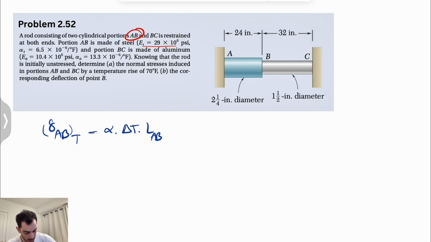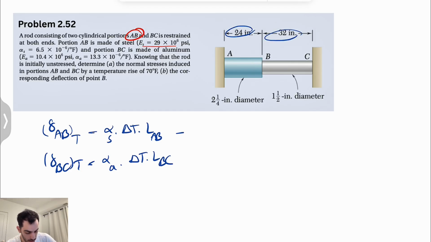It's the same story for BC as well. We just have to consider different length and also different thermal coefficient. AB, I believe, was steel, yeah, and BC is aluminum. Delta T is the same, and we also have different length for each of them.